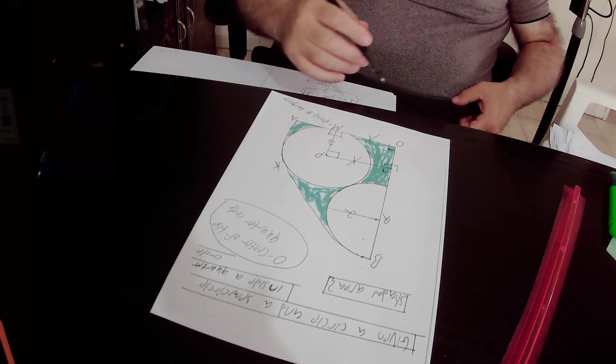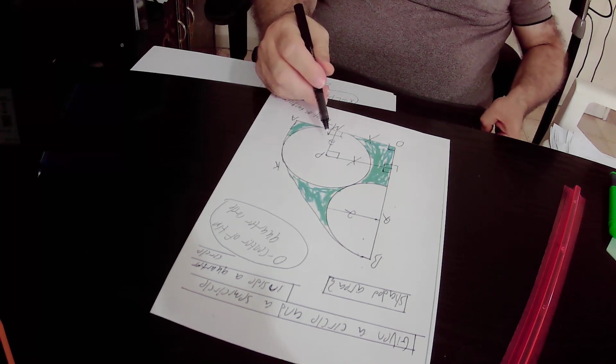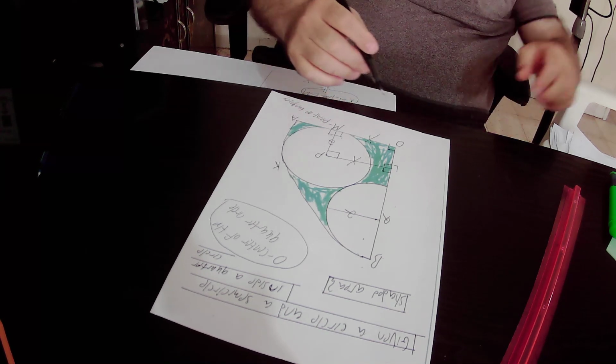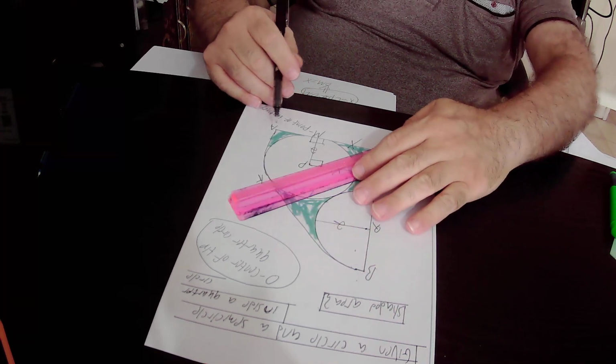Here, point O is the center of the quarter circle. Point P is the center of the circle. And OP is the straight line that connects their centers together.